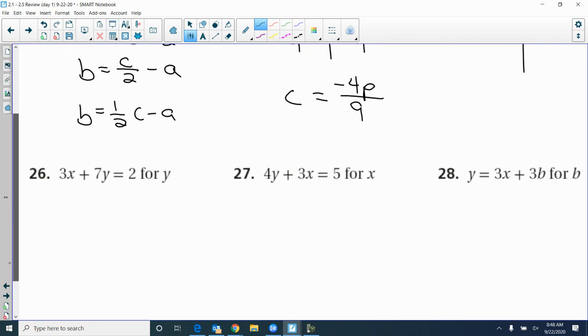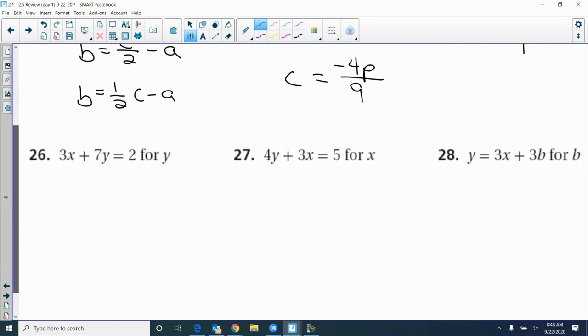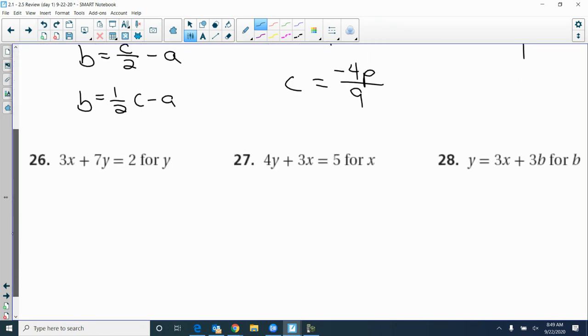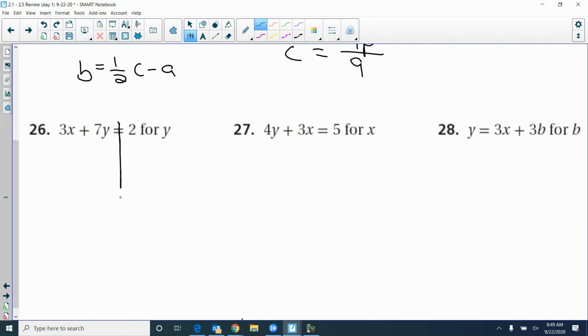All right, now these last ones are the ones where I saw some mistakes. Morgan, back there in the back. I'm solving 26 for Y. What do I do first? What do you think? Subtract 3x, subtract 3x. Tell me what to write. 7y equals 2 minus 3x. Now what?